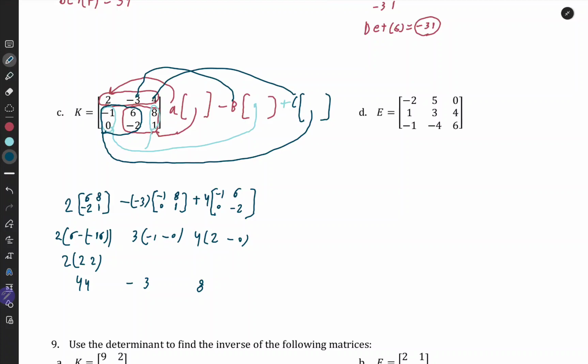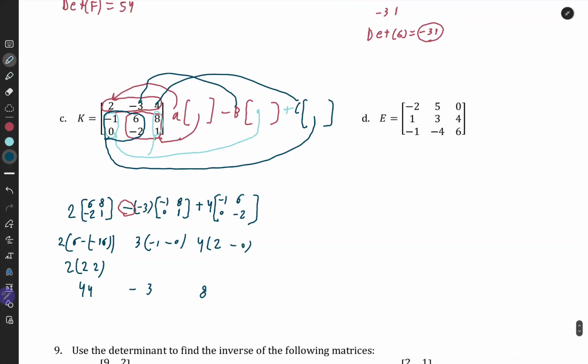There's always going to be a negative sign here when you're doing 3 by 3 matrices, so just keep that in mind. And now what you do is you subtract it, so 41 plus 8, again 49. So you could say determinant of K is 49.